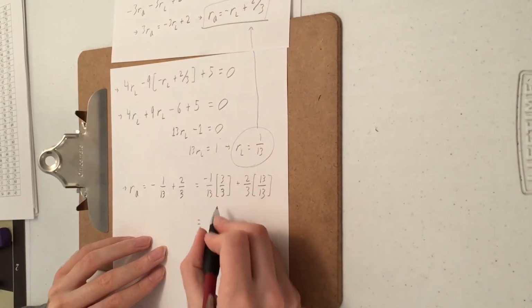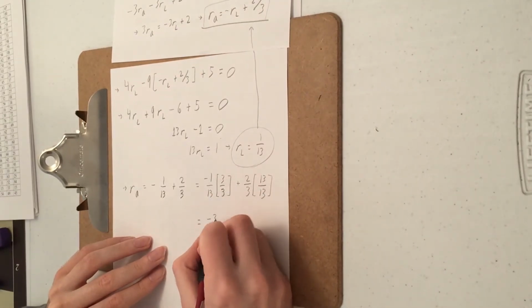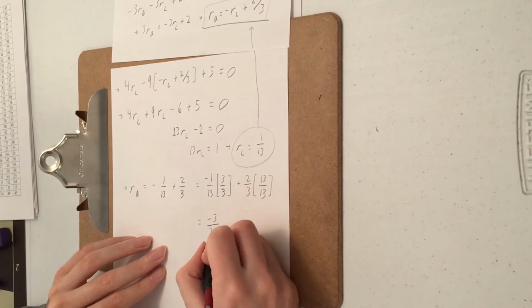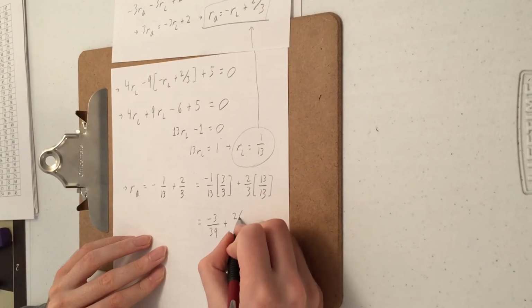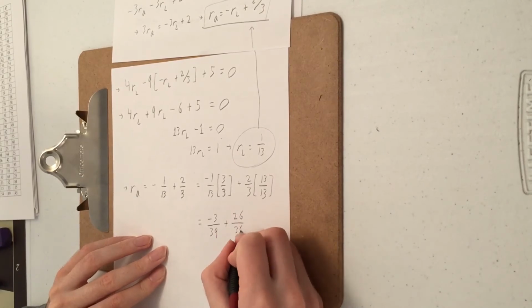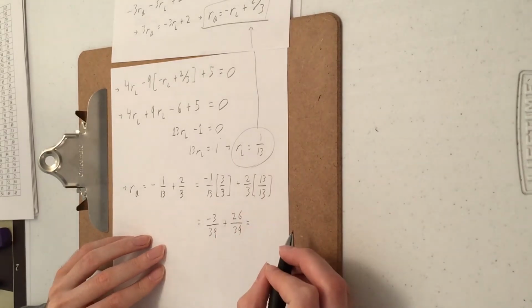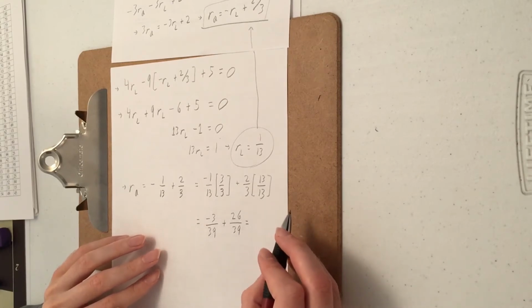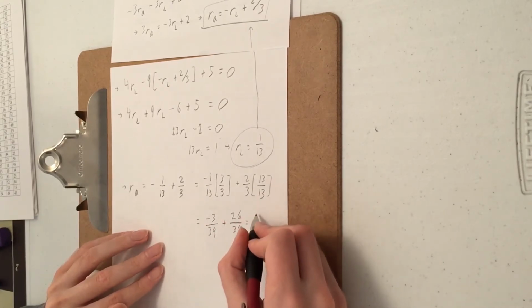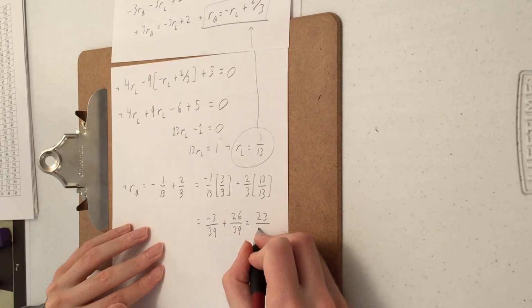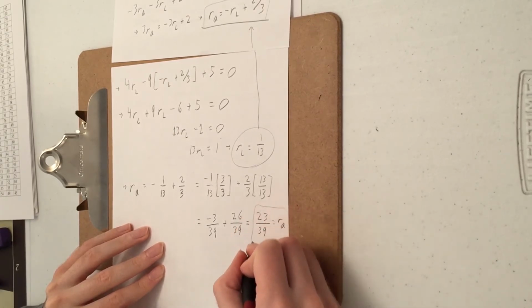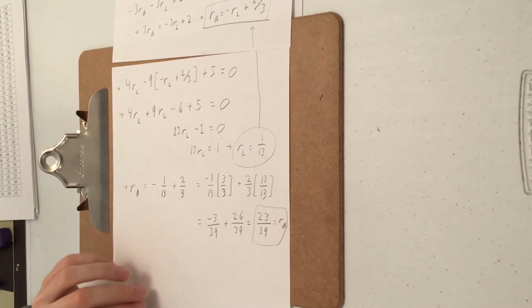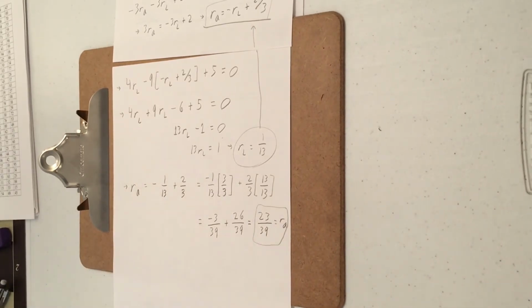What does that give us? We get minus 3 over 39 plus 26 over 39. So 26 minus 3 is going to be 23. And that is RA.